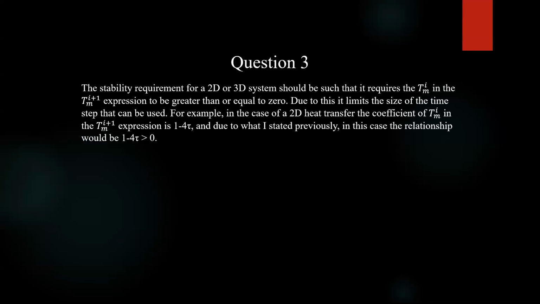For example, in the case of 2D heat transfer, the coefficient of T_m^i in the T_m^(i+1) expression would be 1 minus 4 tau. And due to what I stated previously, the expression would then be 1 minus 4 tau greater than or equal to 0.